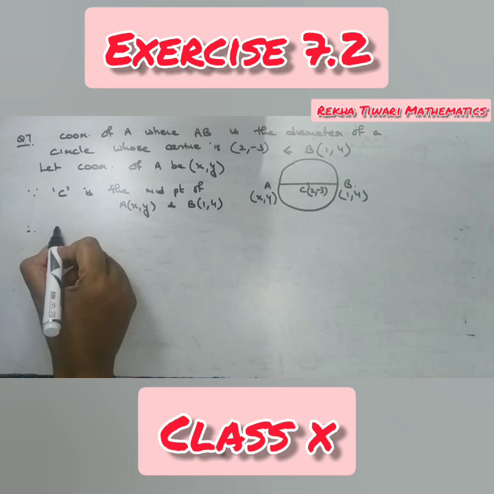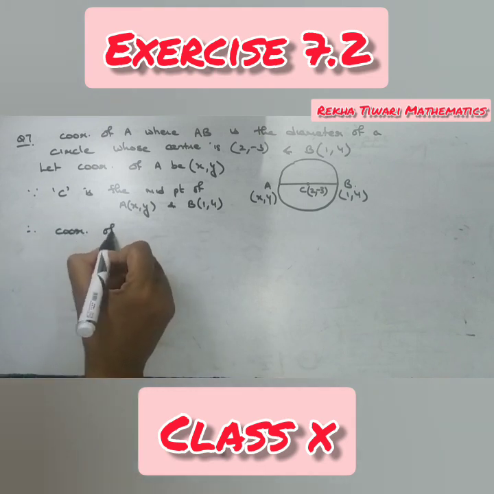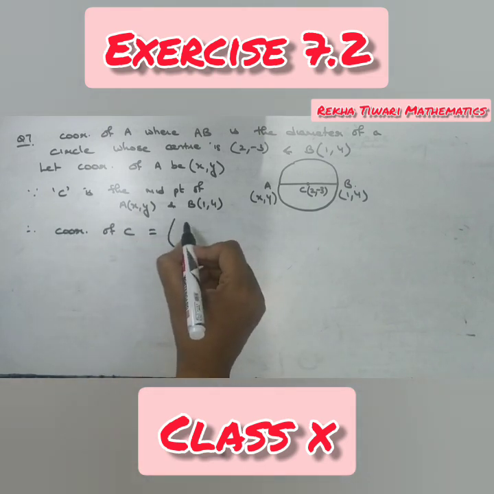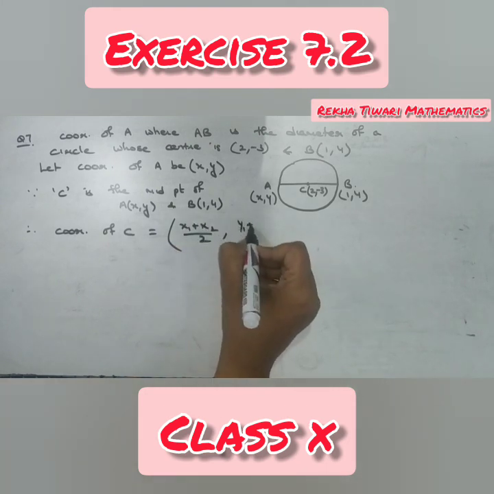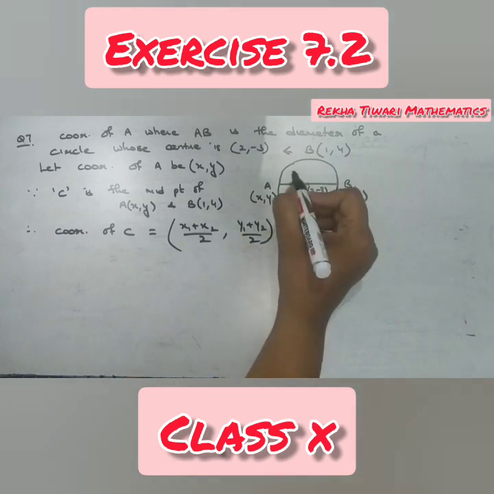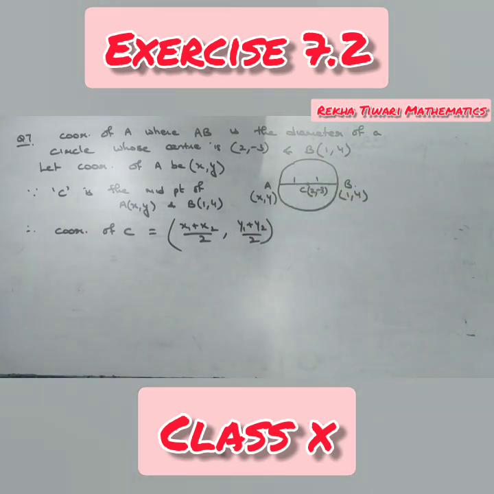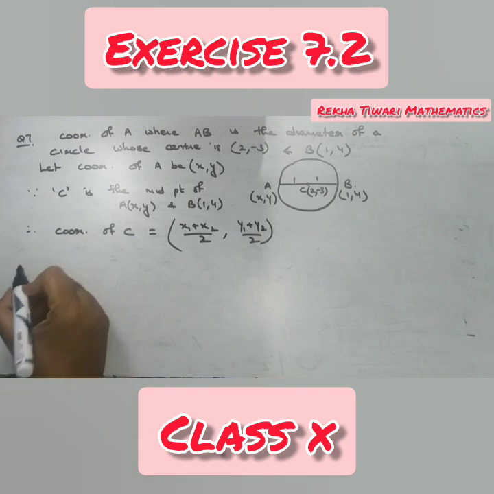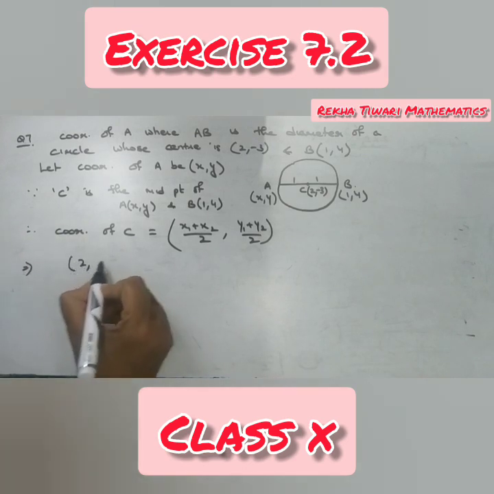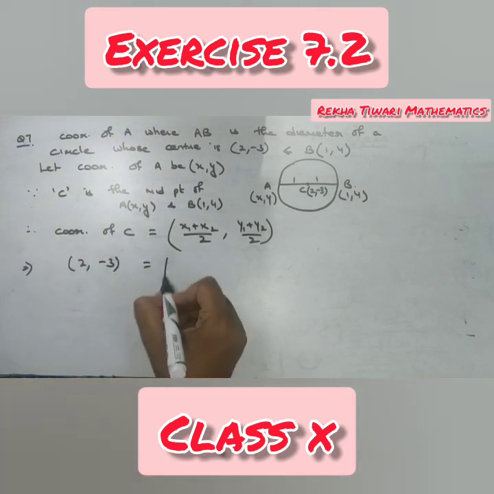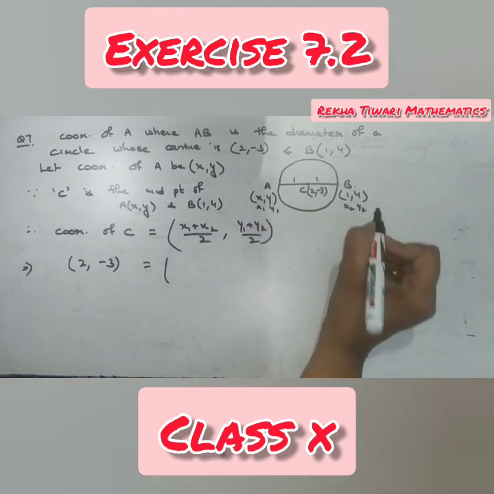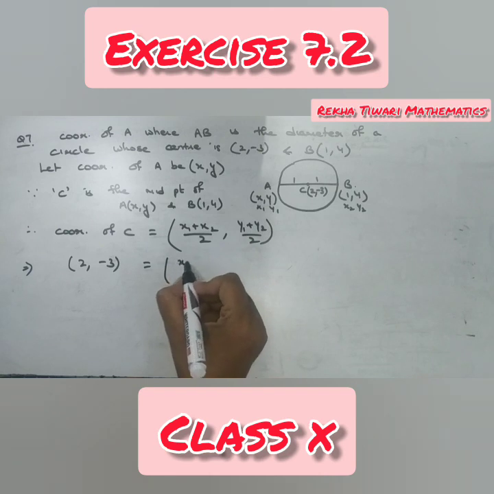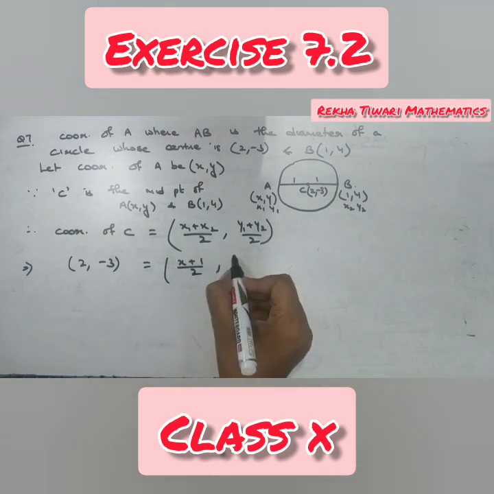So the coordinates of C are equal to, use the midpoint formula. What is the midpoint formula? (x1 plus x2)/2, (y1 plus y2)/2, because the ratio is 1:1 and I can use the formula directly. Put down the values. Coordinates of C are (2, -3), so it becomes (x plus 1)/2 and (y plus 4)/2.